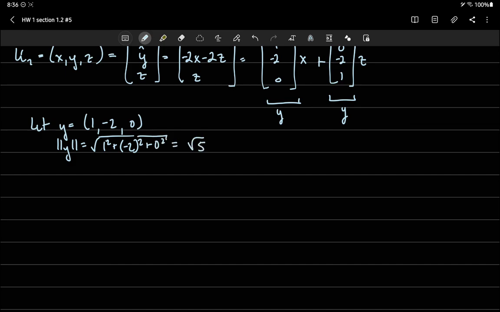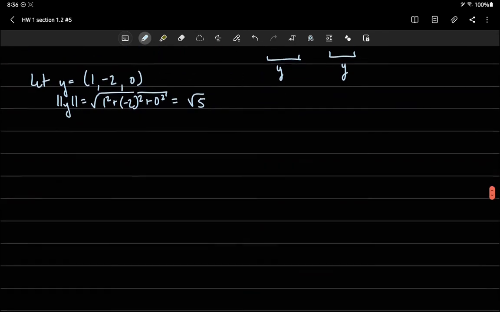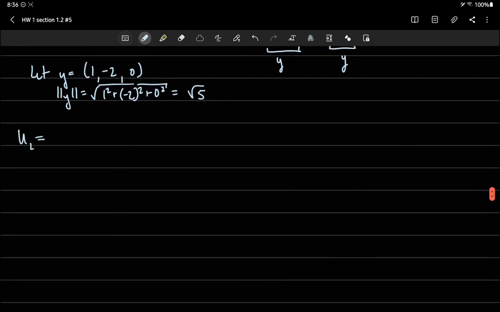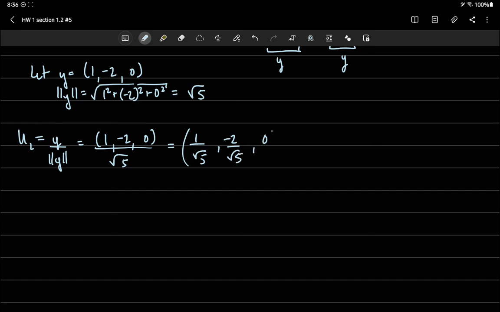That's just going to be root 5. So I'll say that u2 is just y over length of y, which is 1, negative 2, and 0 over root 5. And we'll just say that this is the value for u2.